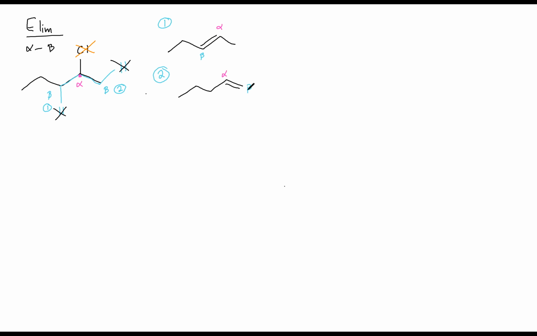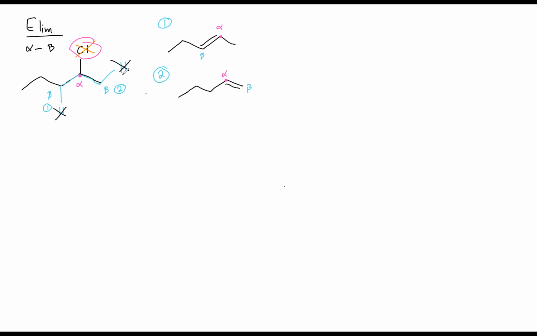For both of these, our double bond touches the alpha carbon. It has to. And then it can be either beta carbon 1 or beta carbon 2. So the idea behind elimination is we eliminate both a halogen and a hydrogen. We eliminate two things to make a new double bond.